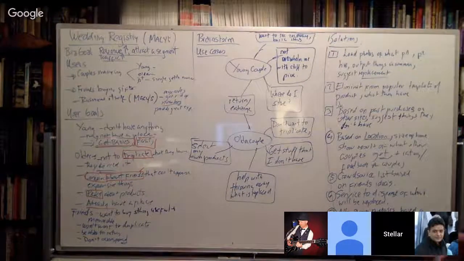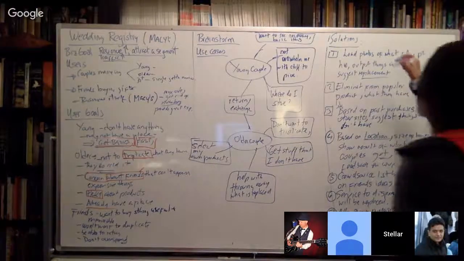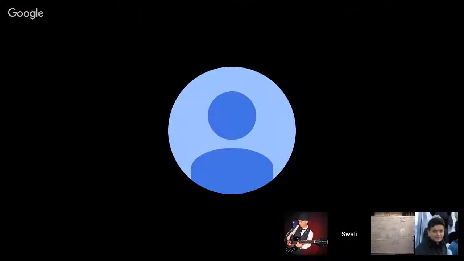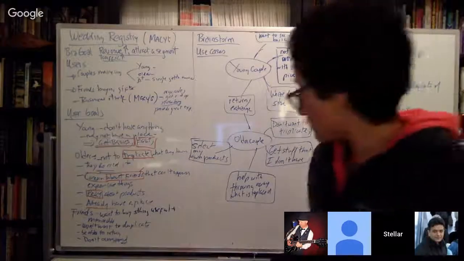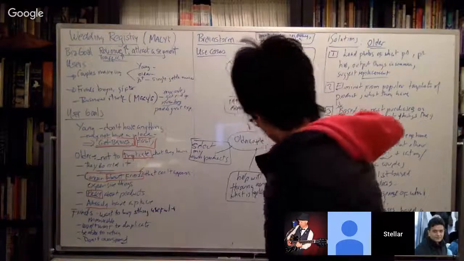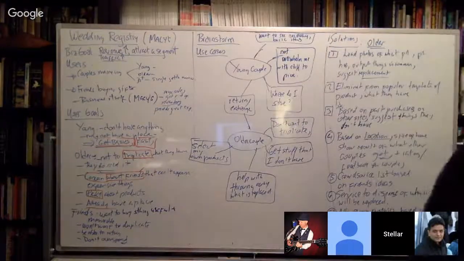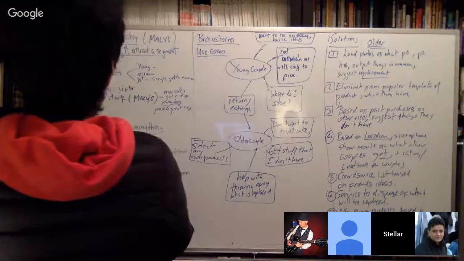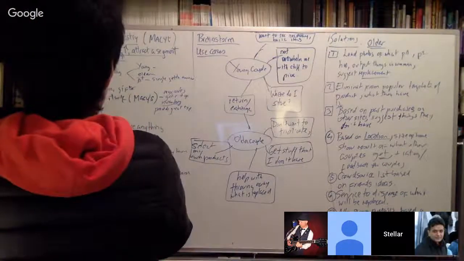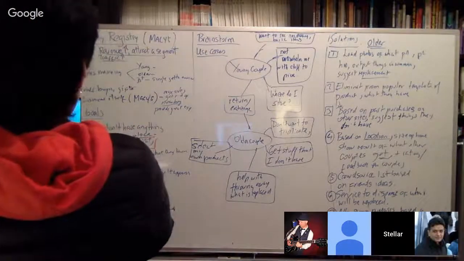Okay, so we have a lot of features here. These are just for the older couple. How about the new couple? Let's take a picture of this first, and then we'll move on, because I have to delete.